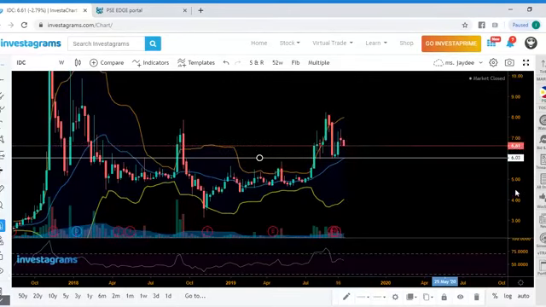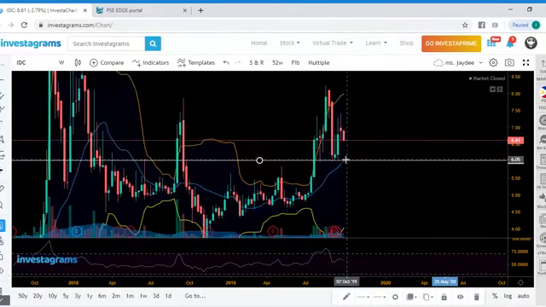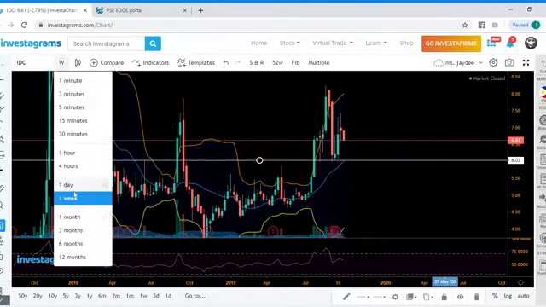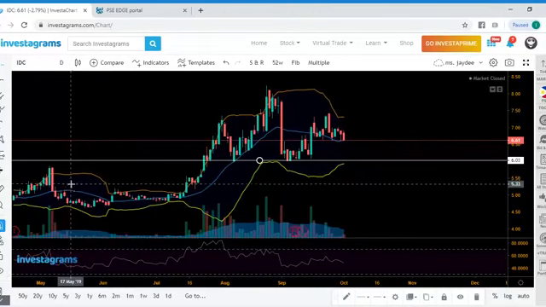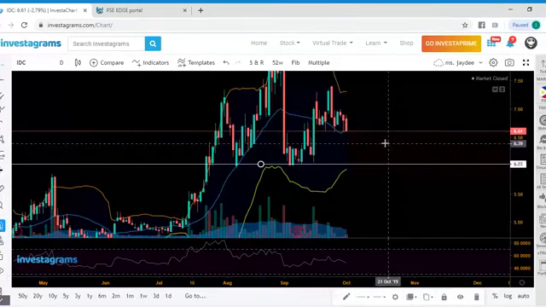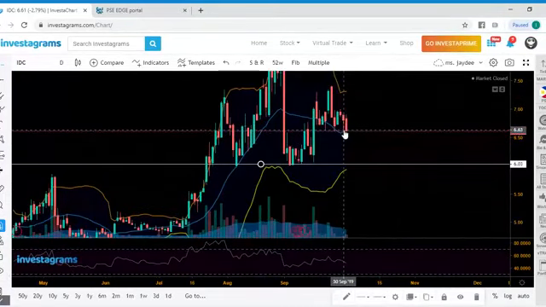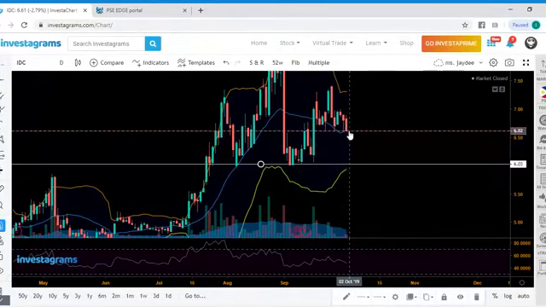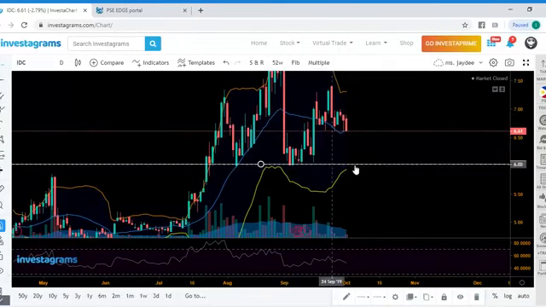So I have a feeling it might revisit the 6.03 area. Now let's take a look at the daily chart. The goal here is that this MA20 line, hopefully the price bounces at that level. If it breaks down, then it could visit the 6.03 again.